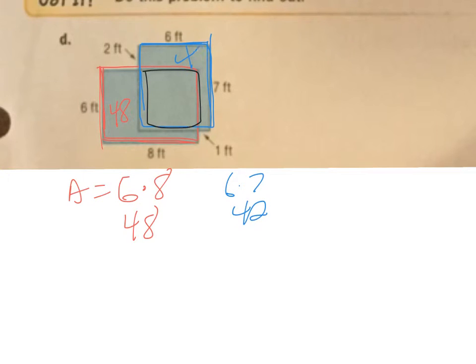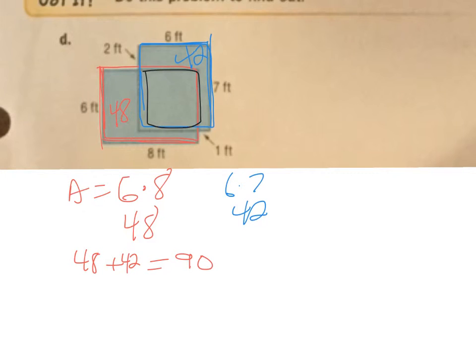So that's 42. Okay, now we add those together. 48 plus 42, let's see, that's 50, that'd be 90.